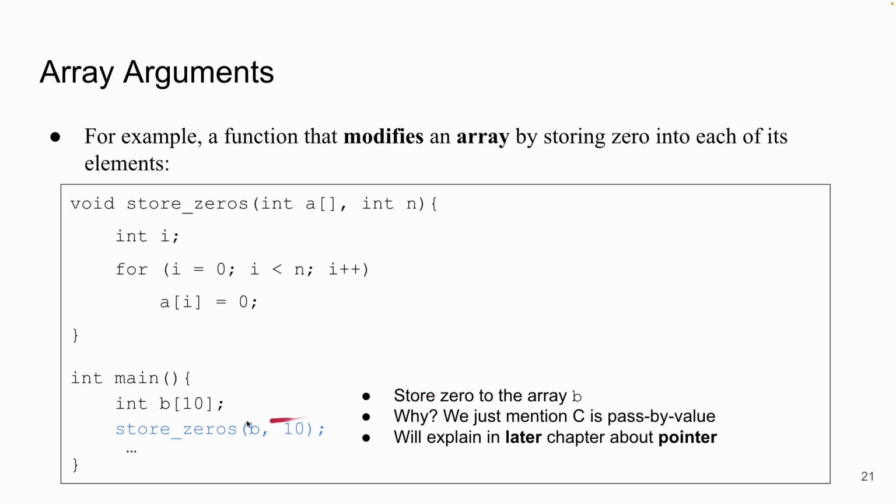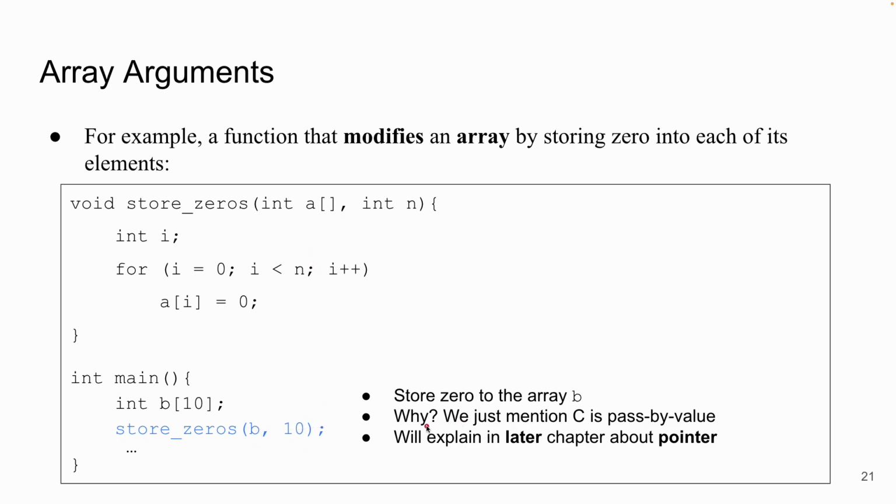After calling this, if we use another for loop to print all the values stored inside B, we will find out that the values stored inside B are actually modified, and all the elements have 0 values. What this means is that all the changes to the array A in this store zeros function are reflected back to the argument, that is array B.